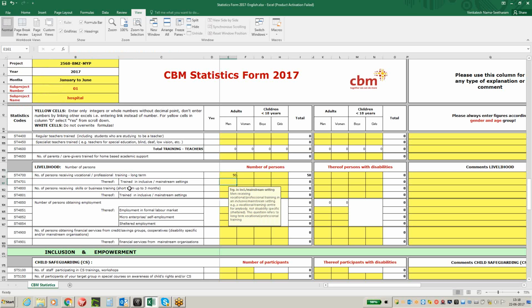Out of them, thereof, which means out of this 50, how many have received inclusive or mainstream training? There may be 20, but you cannot say there are 80 people who are trained in inclusive mainstream setting, but the total people trained in the professional or long term is only 50. Either this should be 80 or it should be more than 80. Just the thereof code, the same logic.